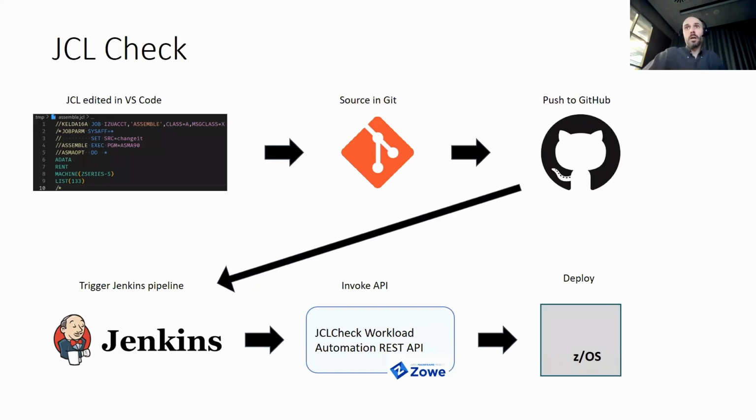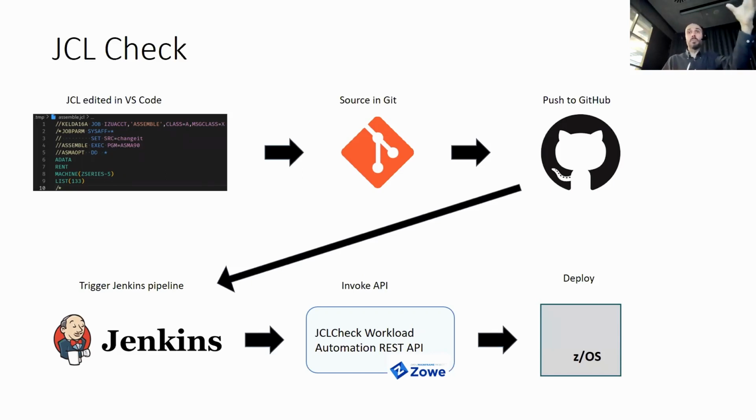but the JCL Check team actually produced a Zowe Conformant REST API so that this manual process can be automated. So here's, again, a very high level example of how you might do that. This goes from top left.